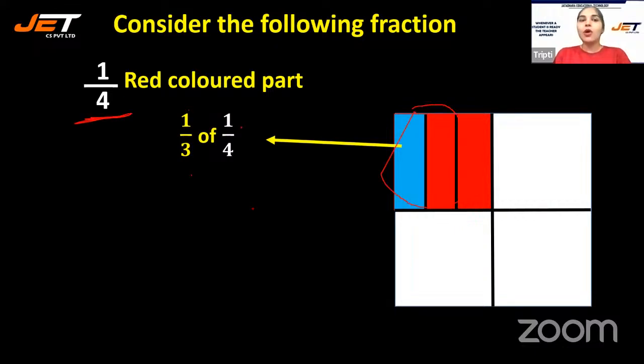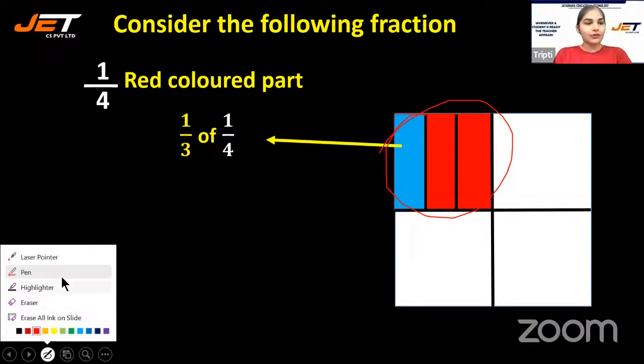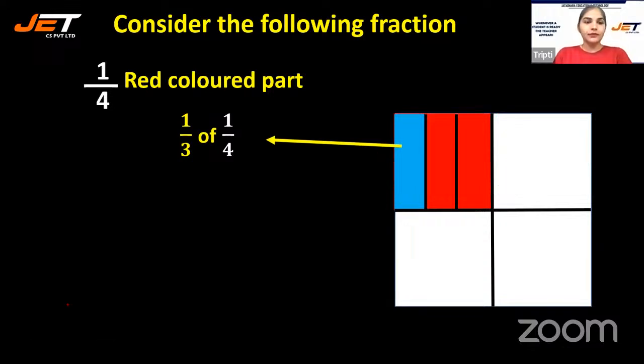So it is 1/3 of 1/4 part. I have taken 1/3 part out of the 1/4 part. Okay? So that's how we do it. 1/3 of 1/4 means 1 by 3 times 1 by 4, which is 1 by 12.